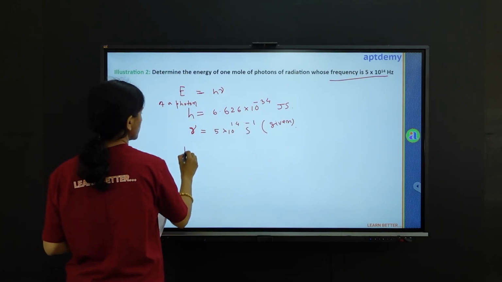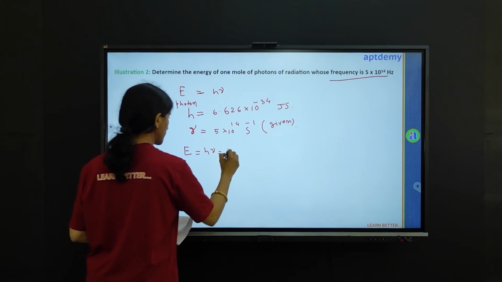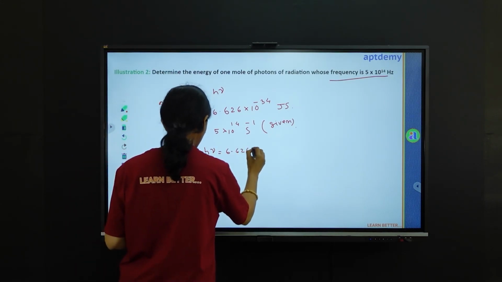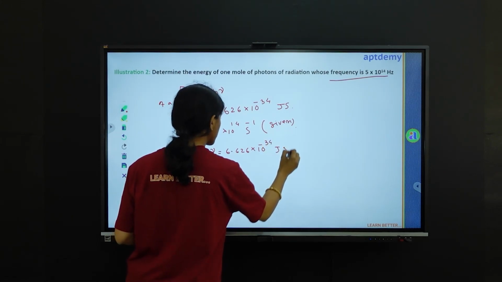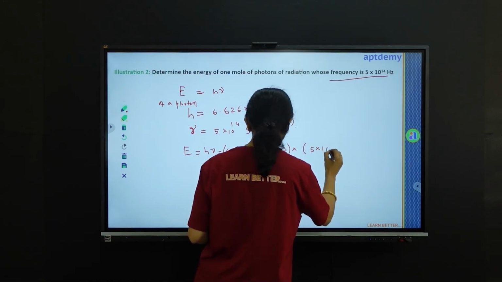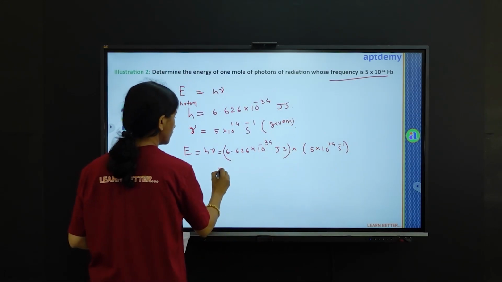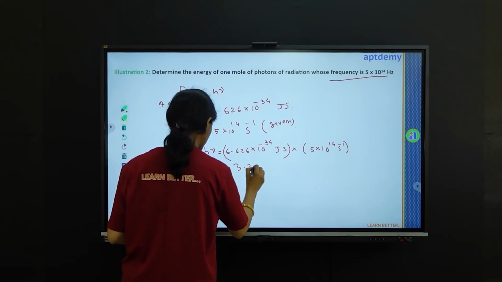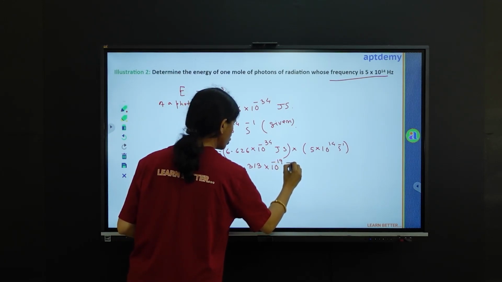So for E we can write h nu, that is 6.626 times 10 to the power minus 34 joule second times 5 times 10 to the power 14 second inverse. If you solve, you will get 3.313 times 10 to the power minus 19 joule.